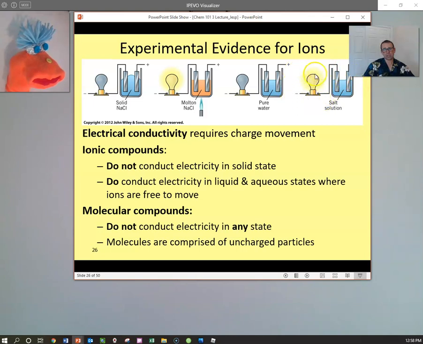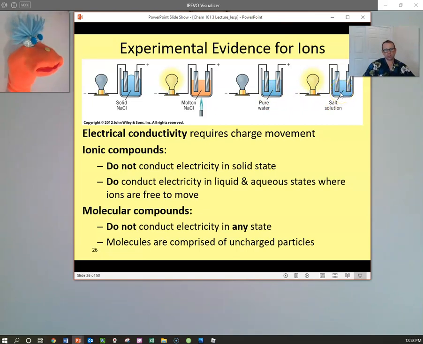Light bulbs can light up, for example, if you provide power, and that's usually how we indicate in this class that a solution conducts electricity, by showing that the light bulb has lit up. Pure water does not conduct electricity, but salt in water does.